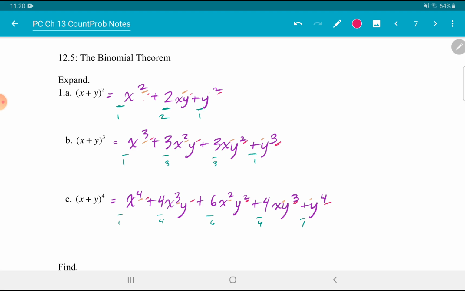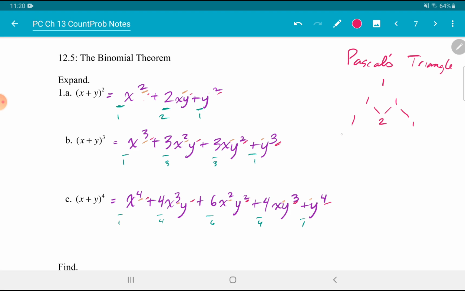Now, in terms of the actual coefficients, it is related to an idea that was formed before called Pascal's triangle. You might have heard of this before. Pascal's triangle basically develops the coefficients of our binomials. So if you have a triangle and you start off with 1 and they keep branching where 1 is always on the sides, you can add up the numbers and get the next value contained within it.